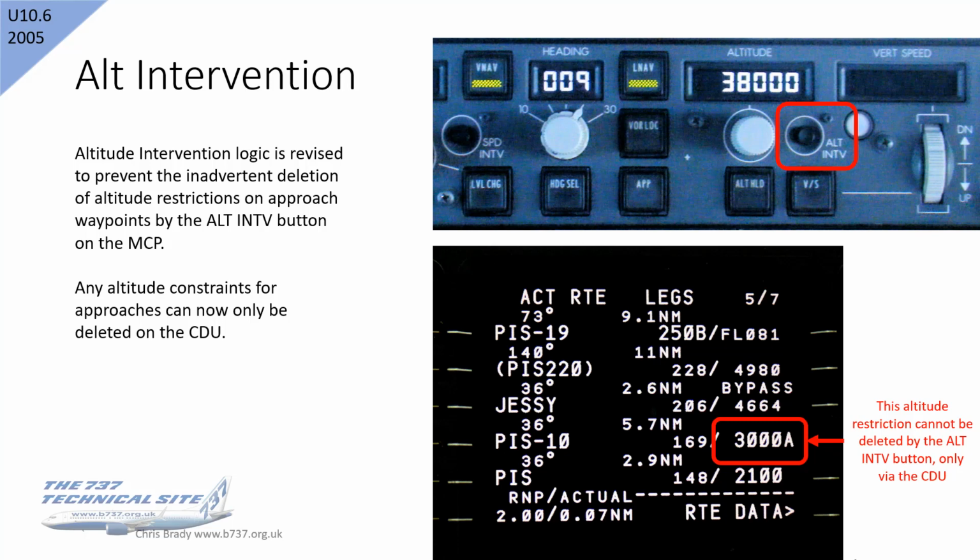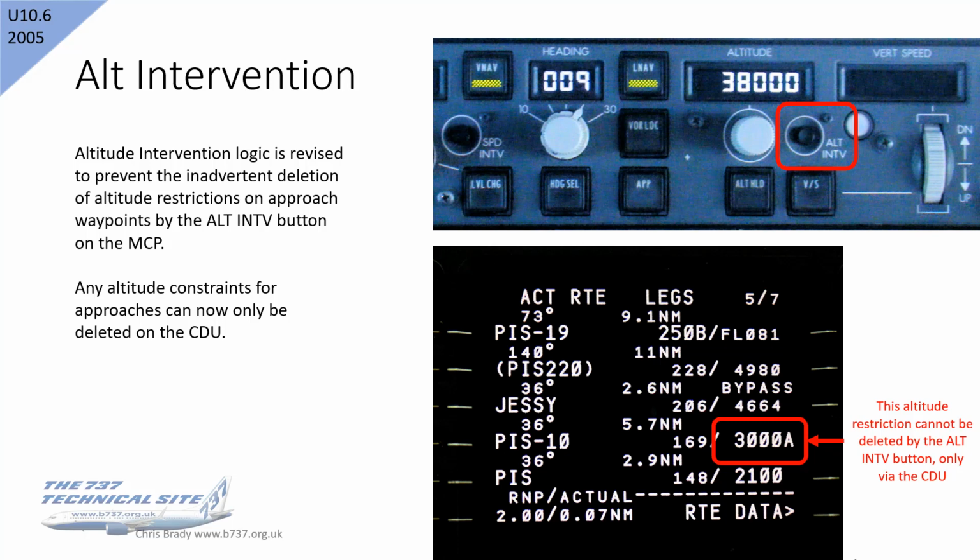If you were trying to change the altitude there, your finger might just brush up against the Alt Intervene button, and you could inadvertently delete the next altitude restraint. Now, if that was on the approach, then that could have implications if you're doing an RNAV approach.